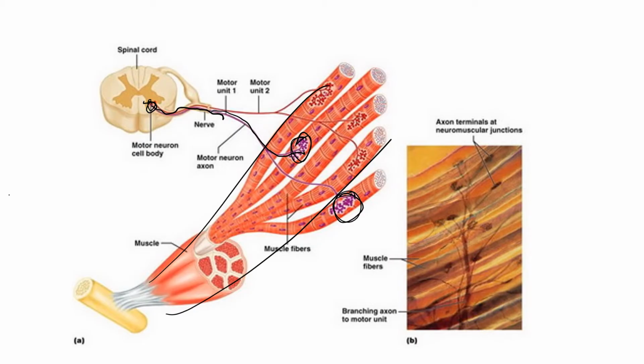But if that alpha motor neuron synapses with, let's say, 500 muscle fibers, every single time it generates an action potential, it's going to pass an action potential to the 500 muscle fibers it synapses with, and those 500 muscle fibers within the biceps muscle are going to contract. But that's only 500 muscle fibers.